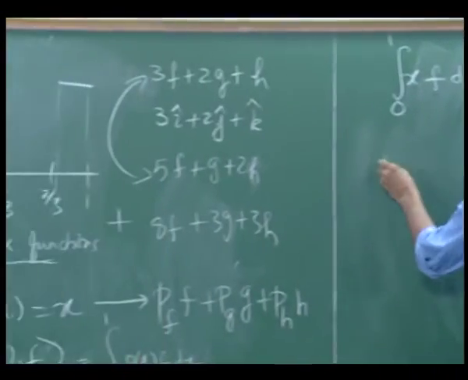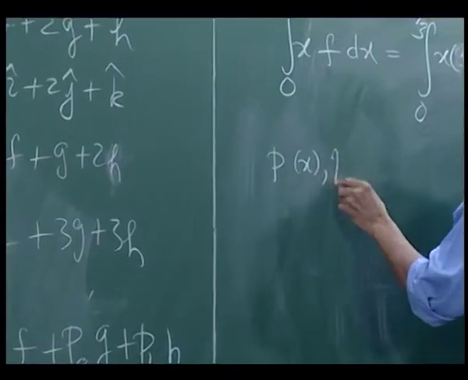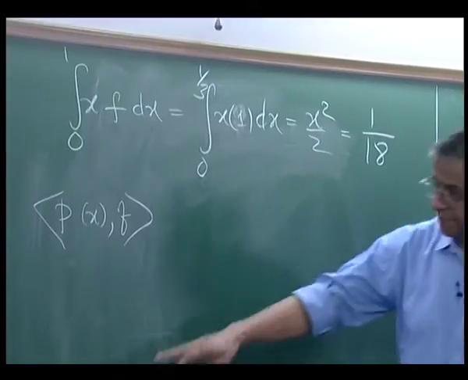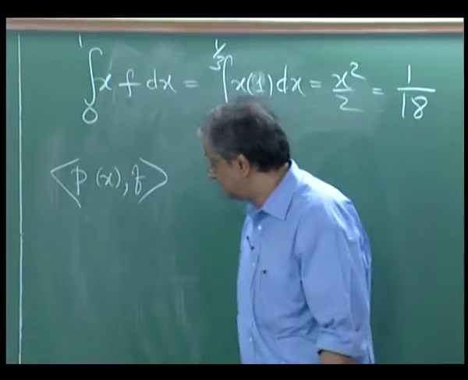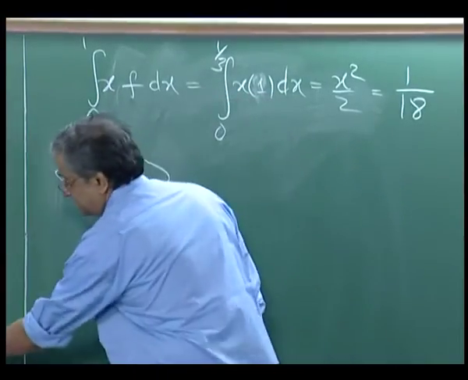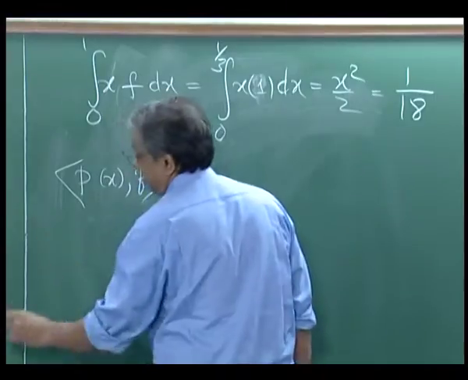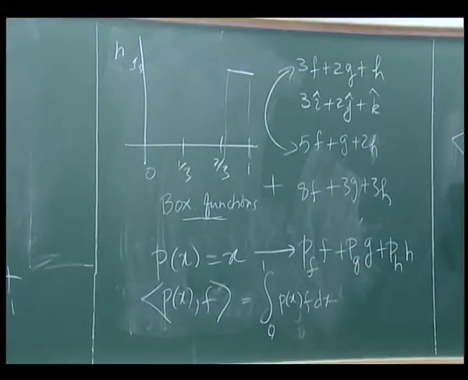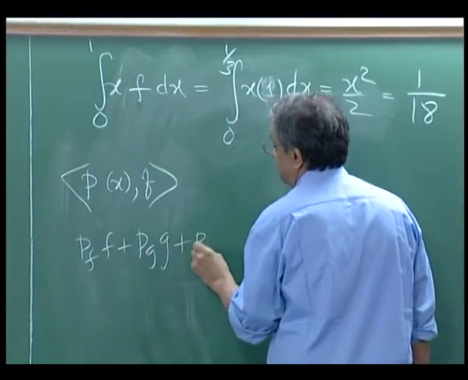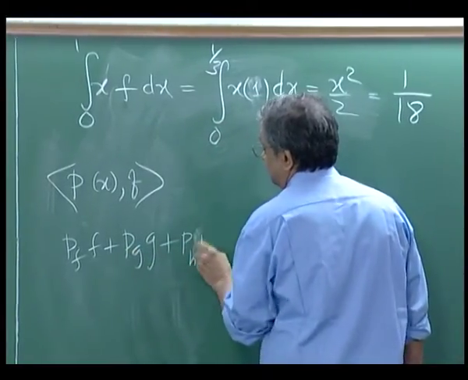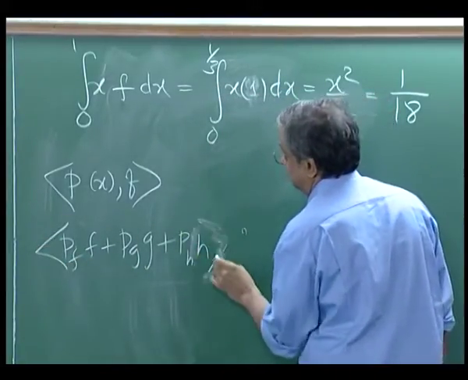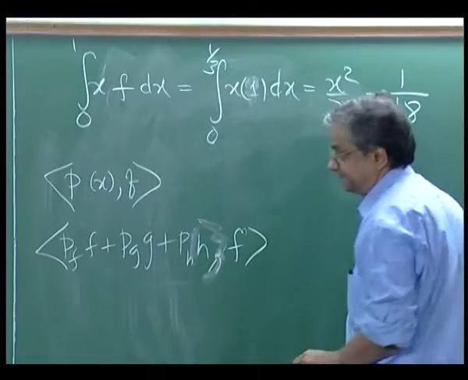What is the dot product p of x with f without performing the integration from here? So what would we like it to be? Let me not say what is it, what would we like it to be? What is this quantity dotted with f? pf f plus pg g plus ph, I am sorry, h, dotted with f.